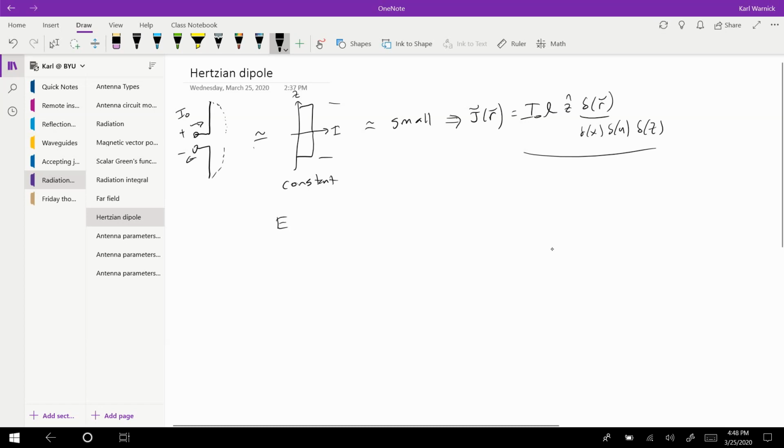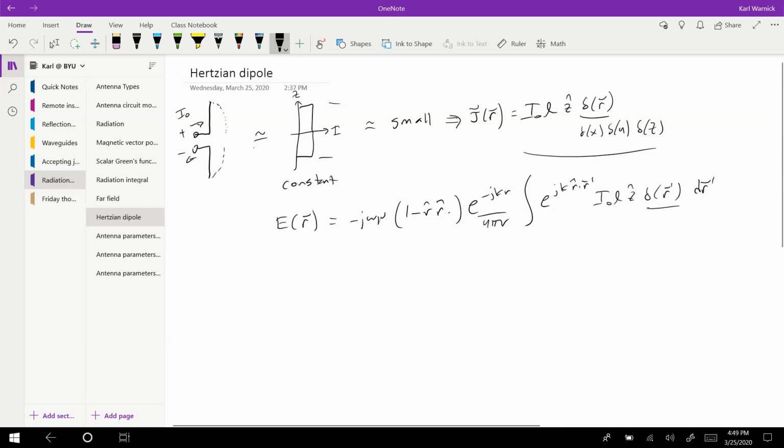The electric field radiated by the Hertzian dipole, or the infinitesimal dipole, is minus j omega mu (1 minus r hat r hat dotted with) everything to the right, e to the minus j k r over 4 pi r. And now we're going to work the integral. That's e to the j k r hat dot r prime, I naught L z hat delta of r prime dr prime. Now here's the beautiful thing. In the Hertzian dipole model, we have a delta function in x prime, y prime, and z prime.